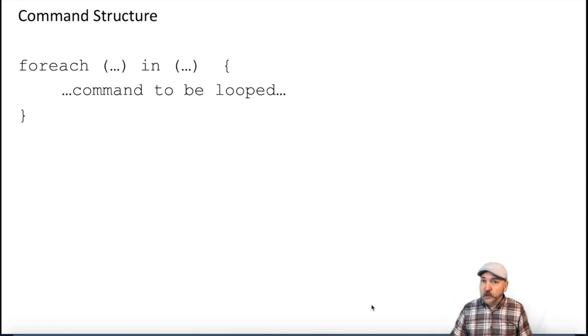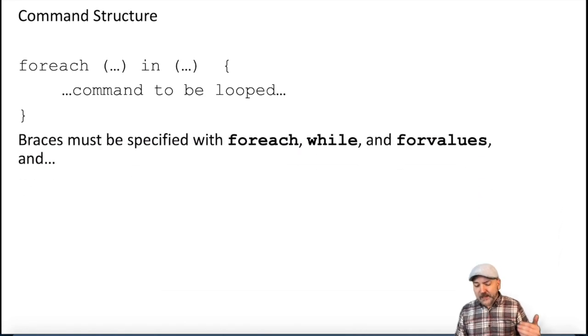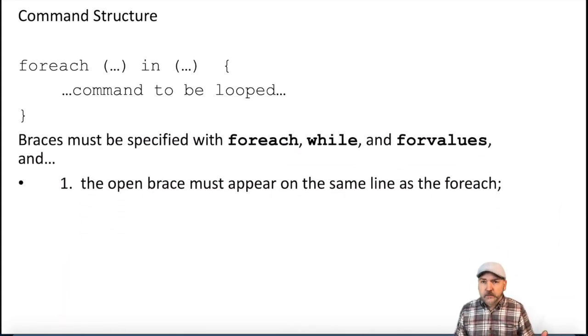That can be multiple lines, but it's got to be the next line down in your command structure. Notice that we have these braces surrounding what is being iterated over, the commands that are being looped. It's always going to look like that. Lots of different things we can do, but it's got to follow that same architecture.